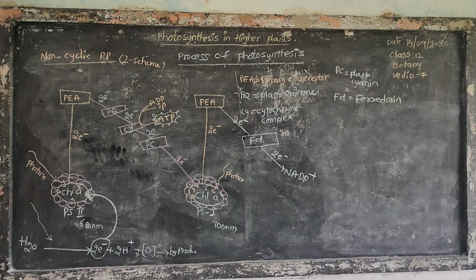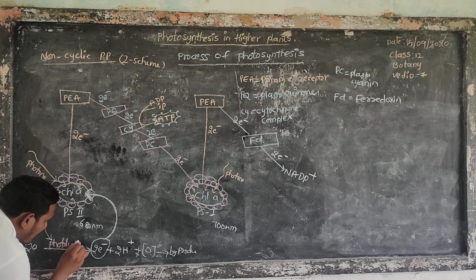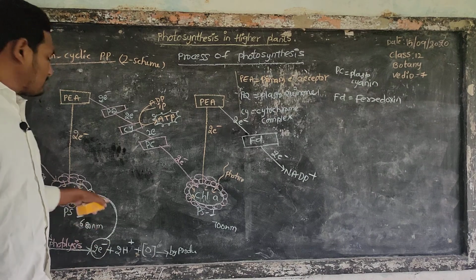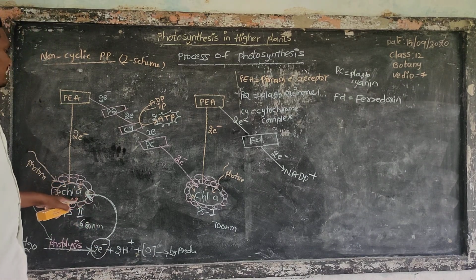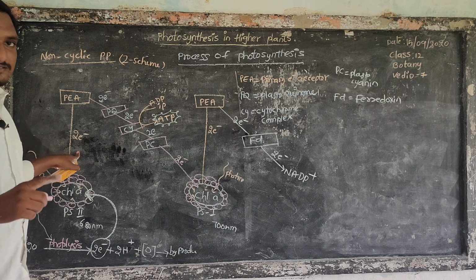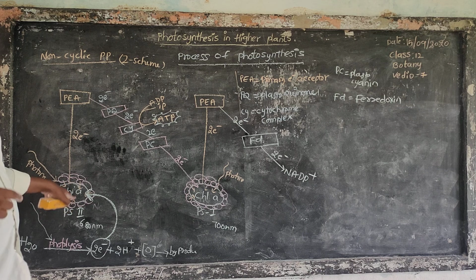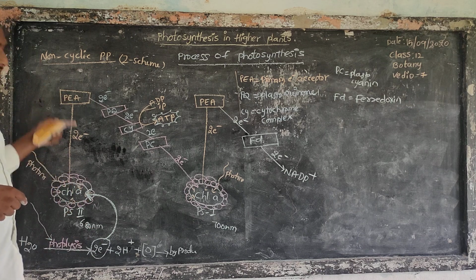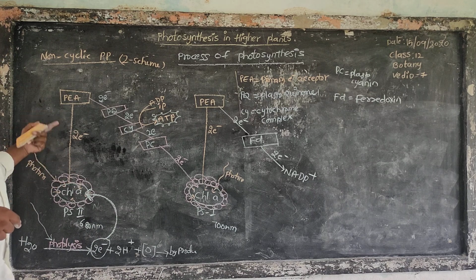So this process is called photolysis. By the photolysis of water, 2 electrons travel and are sent to chlorophyll A. So 2 electrons are going on, 2 electrons are replaced, again 2 electrons are going on, 2 are replaced, like that this process continues.